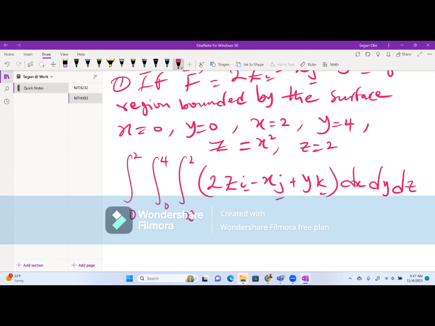Let's arrange this according to the one we want to first of all solve. Let's first of all solve the z, followed by the x, the y. I will tell you the reason. The reason is very simple. Look at the x squared here.